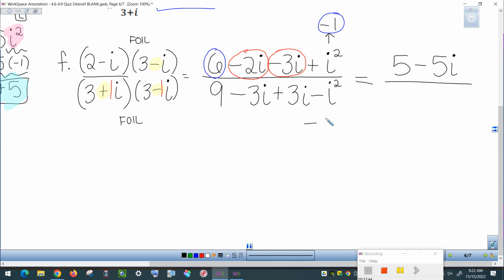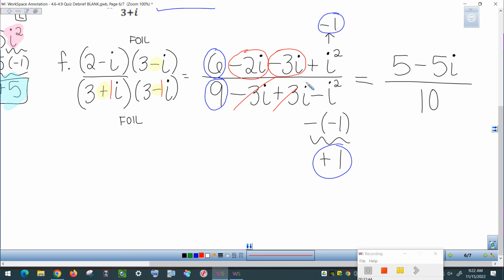Now, i squared is negative 1, but there's a negative sign in front of it, which turns it into a positive 1. So we have a real 9 in front and a real plus 1 at the end. That equals 10. Now, the minus 3i plus 3i cancel.